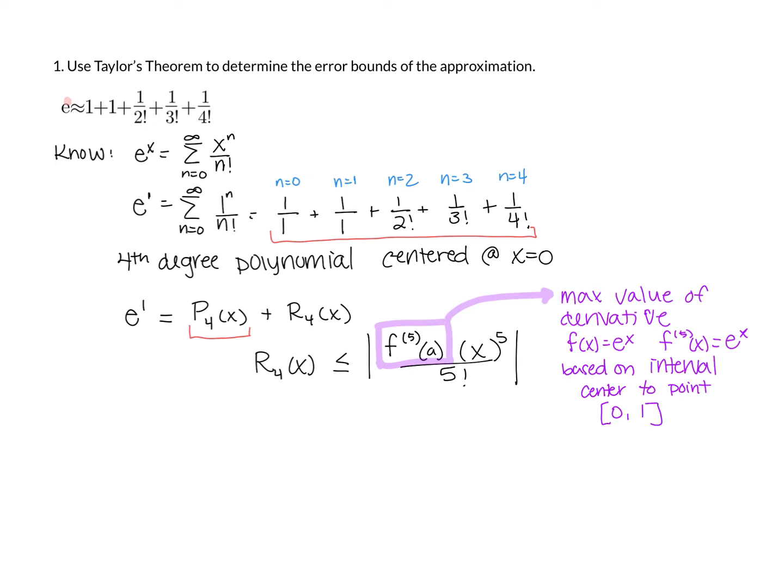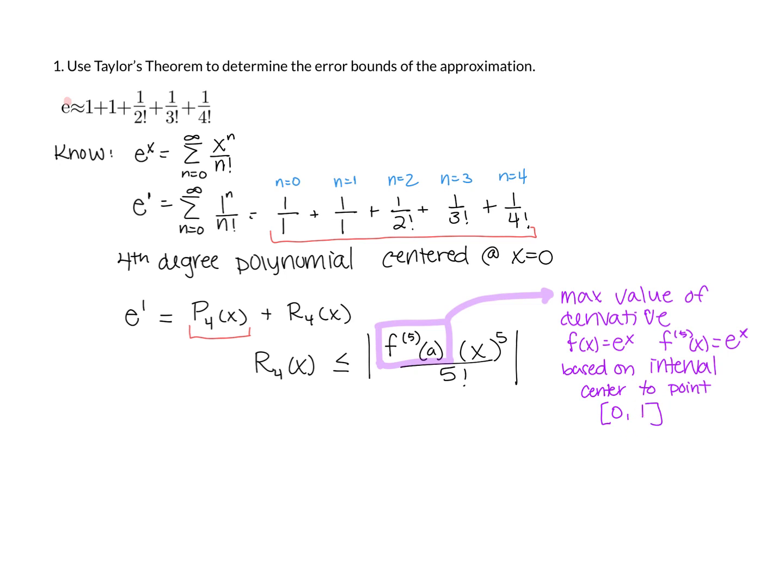So if we think about the derivative of e to the x evaluated from any point, that's the a value. A is somewhere in this interval from 0 to 1. It can be 0, it can be 1, it could be somewhere in between. What number from 0 to 1 gives me the highest derivative? Well, 1 would.